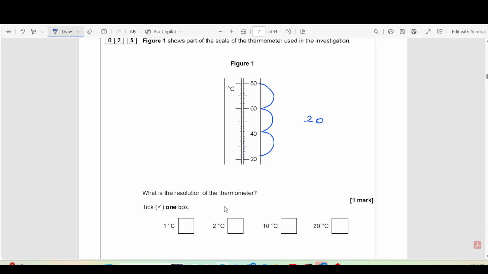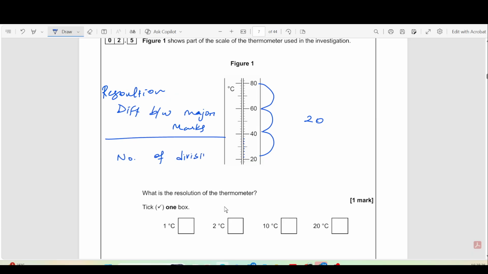10, right? So what is the formula for resolution? I will write it here. For resolution, the formula is difference between major marks divided by number of divisions.